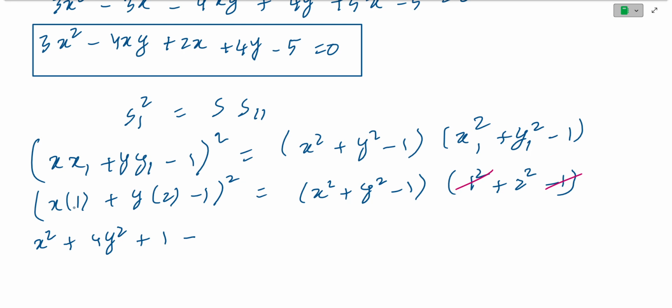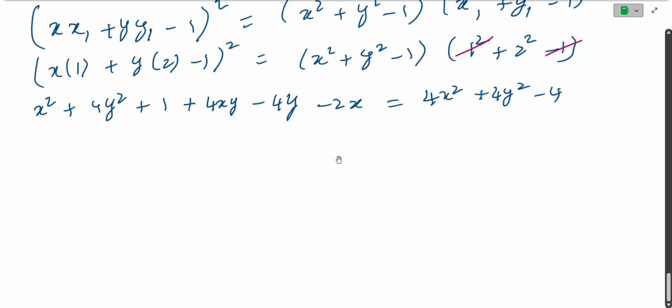Plus the 2ab terms: 2 into x into 2y, that will be 4xy; 2 into 2y into minus 1, that will be minus 4y; 2 into x into minus 1, that will be minus 2x. Which is equal to 4 times x square, 4 times y square, minus 4.